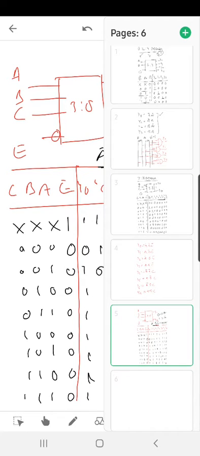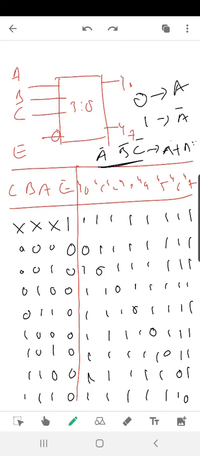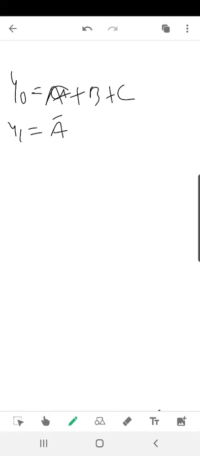For y1, the input is 001, which will be written as a complement plus b plus c, because the value of a is 1. So it will become a complement plus b plus c.